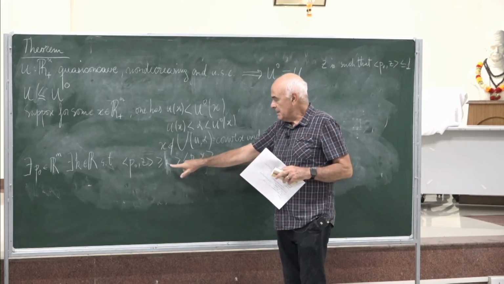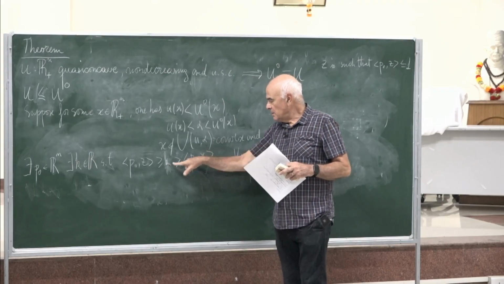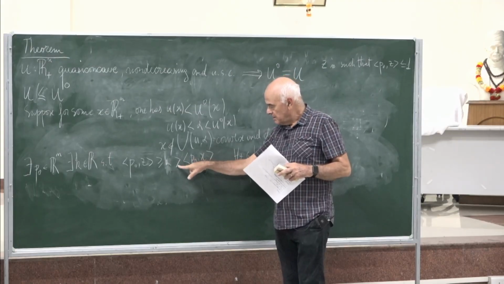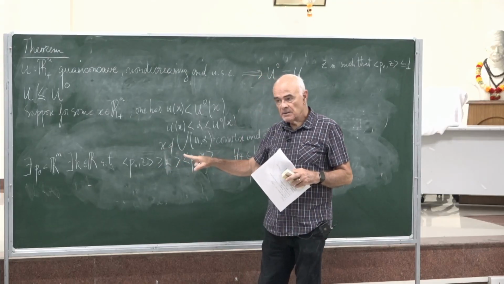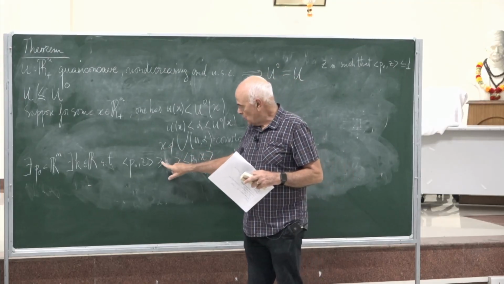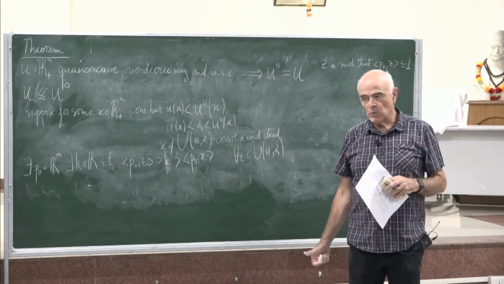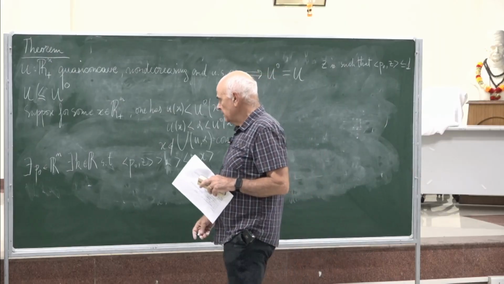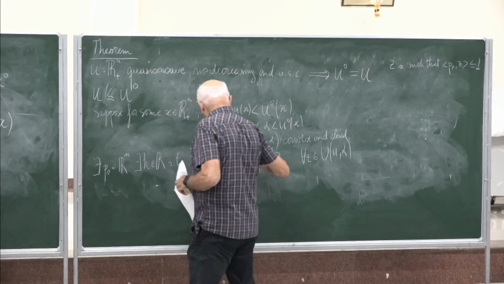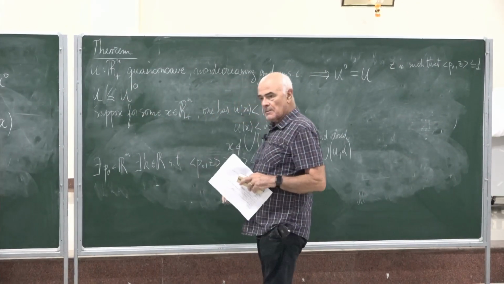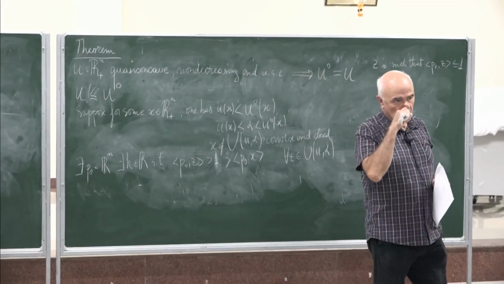Taking, let's say, the midpoint between these two numbers, I will get a smaller number, still satisfying this inequality, but then all these inequalities will be satisfied strictly. So, without loss of generality, I can assume that this inequality is also satisfied strictly. And then now it's the right time to say that I can take k equal to 1. But before, I needed to strengthen this inequality. Okay, is this clear?